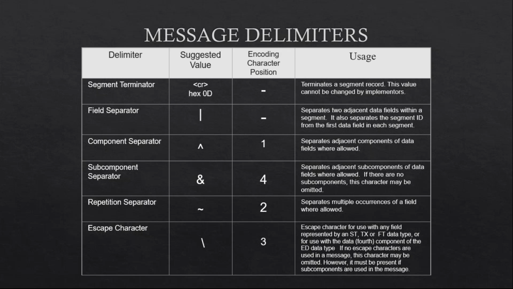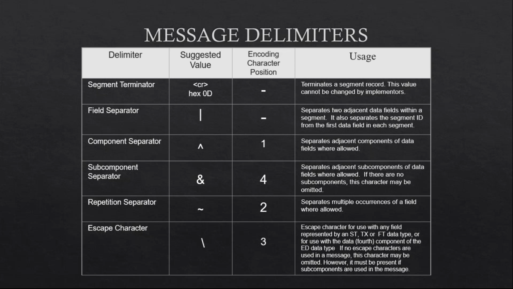However, these two phone numbers will be separated with a repetition separator called a tilde, which looks like an inverted S. Whenever we see that, we understand that this is a repeating data element, which means the same data element has been represented twice within one field. We'll take a look at an example for that as well.